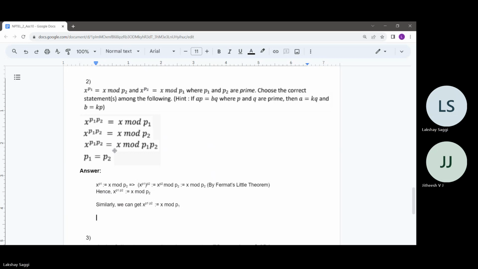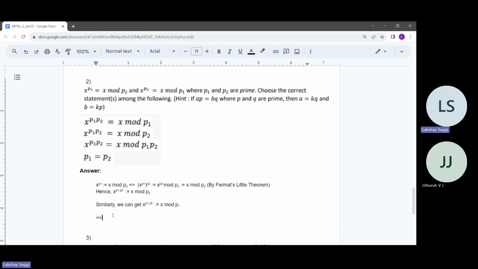So what I'm actually claiming is, we can maybe use this hint instead. If we have that x raised to power p1 p2 is x mod p2, and similarly x raised to power p1 p2 is x mod p1.